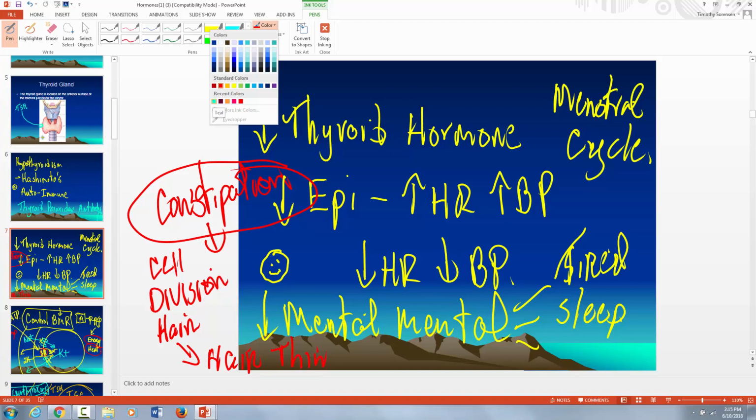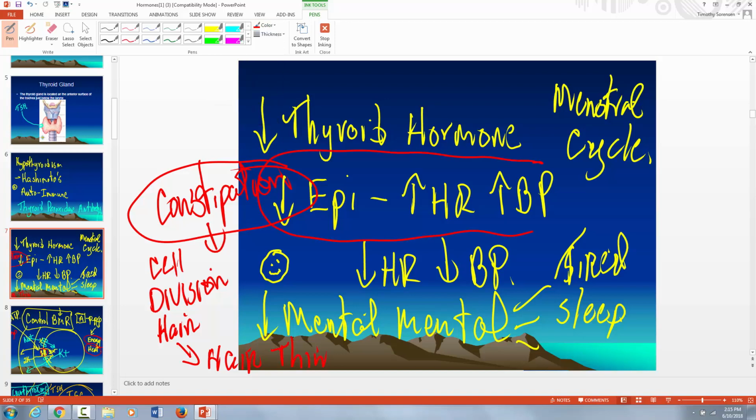The other thing, if you remember, is that thyroid hormone makes cells more sensitive to epinephrine. So if there is a drop in thyroid hormone, there will be a corresponding drop in the sensitivity of cells to epinephrine. So the drop in epinephrine effect will lead to a drop in heart rate and blood pressure.